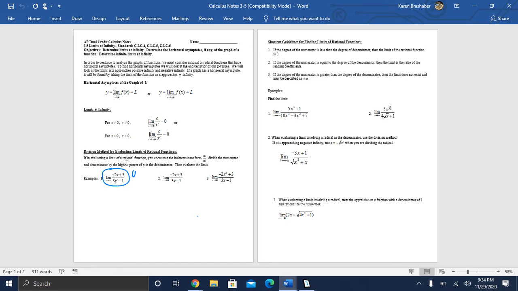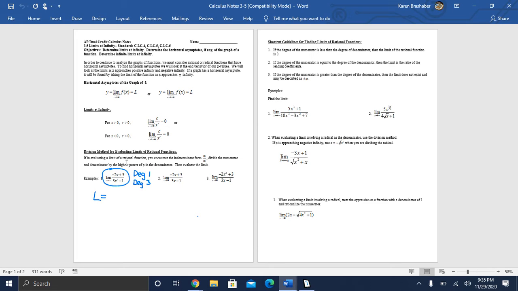So try to write that, a degree of 1. And your denominator, that's x to the third, that would have a degree of 3. So the numerator degree is less than the denominator degree. So the limit as x approaches infinity is 0.